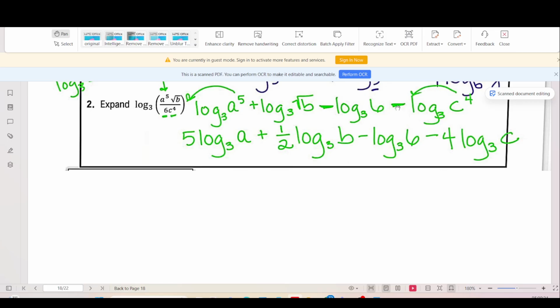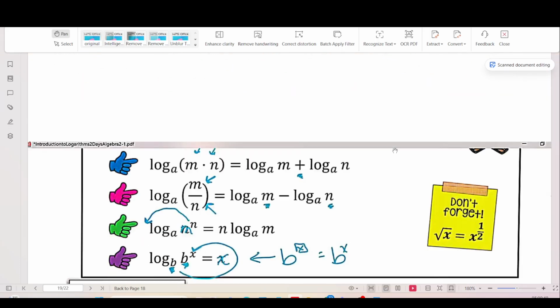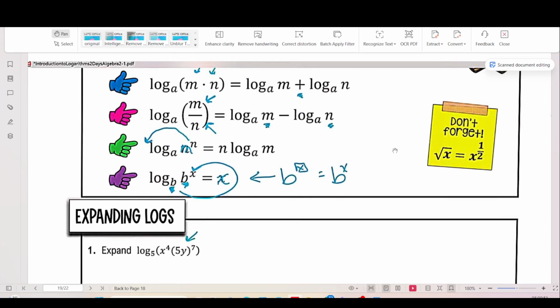And you can see when we remove this square root, we put 1 half in front of the log, because the power goes in front of the log according to the property of log. And when the base and this number are the same, our answer is just the exponent.